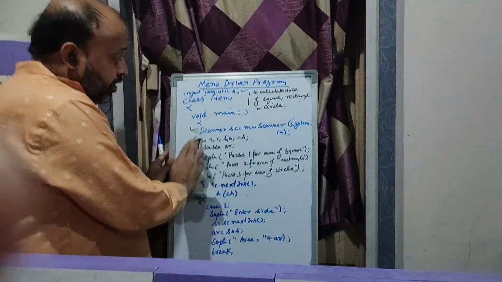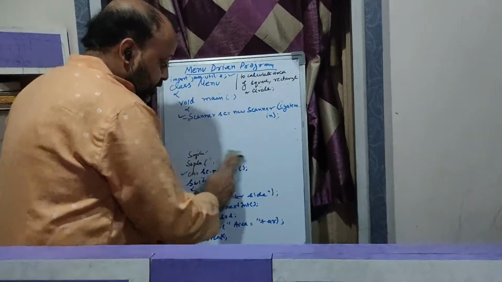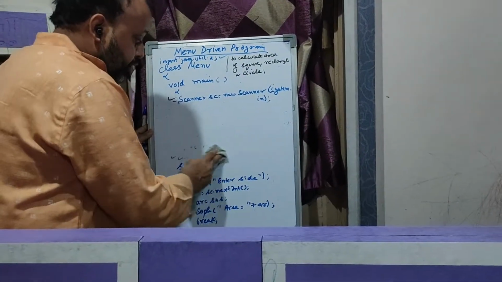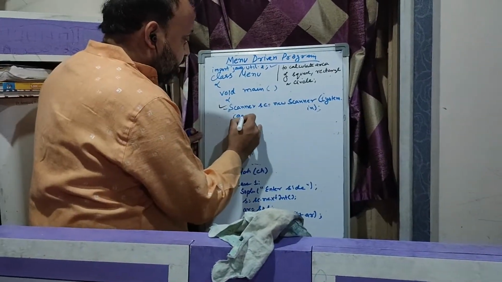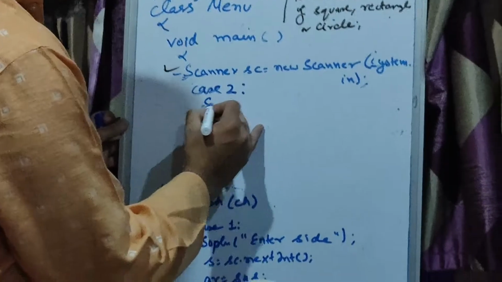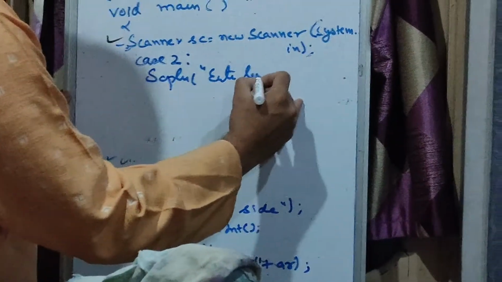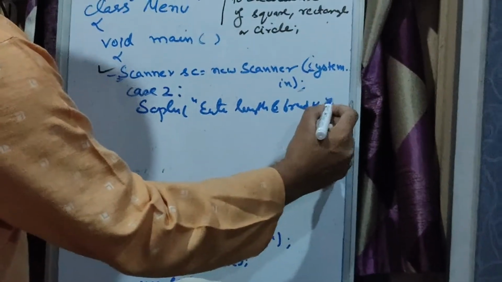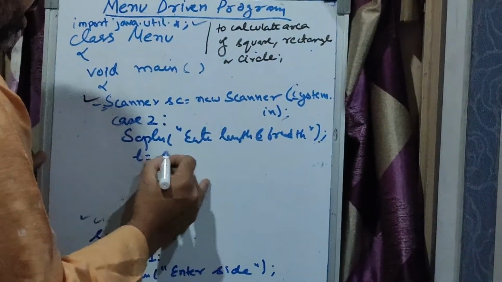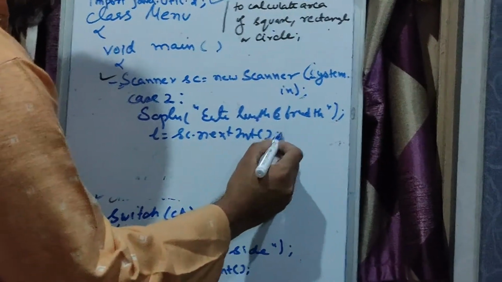Now, I will rub this part. I will do case 2. In case 2, we are supposed to calculate area of rectangle. So we need length and breadth. So write enter length and breadth. You will have l equals to sc.nextInt.